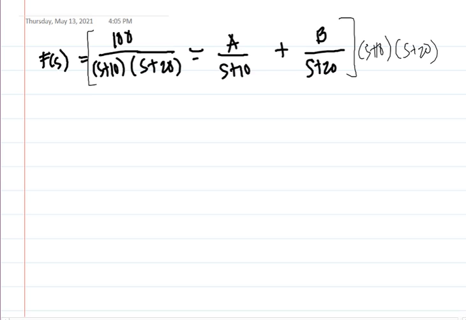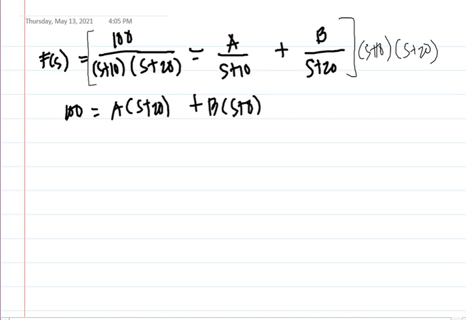What remains on the left side will be 100 is equal to A multiplied by s plus 20 plus B times s plus 10. We need to distribute or expand our equation.